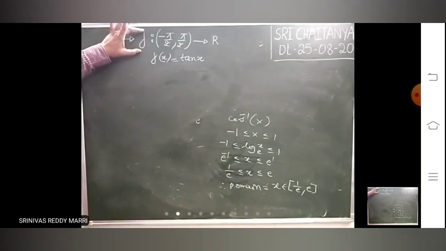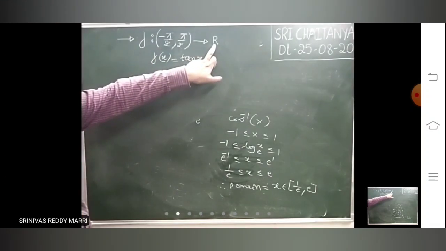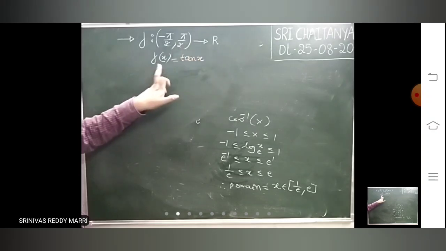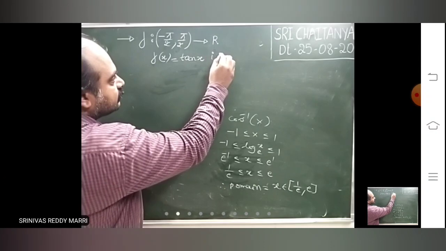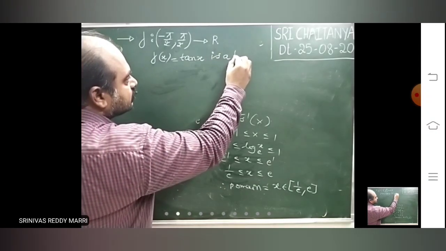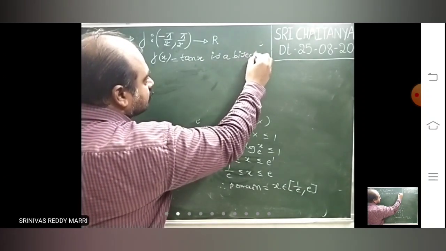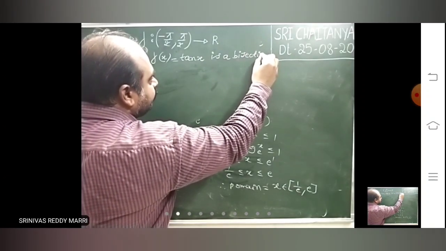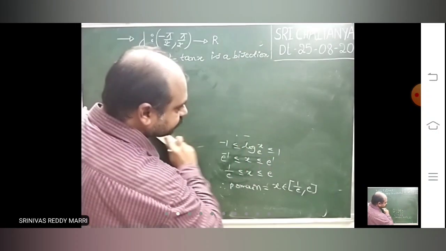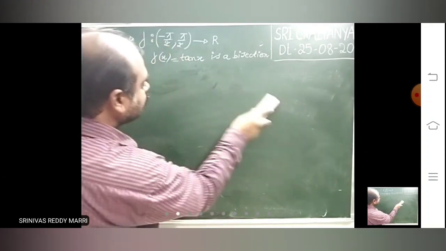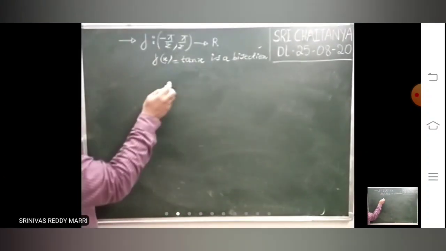Suppose I have defined the function like this, from minus pi by 2 comma pi by 2 to range a to b. It will be a bijection.